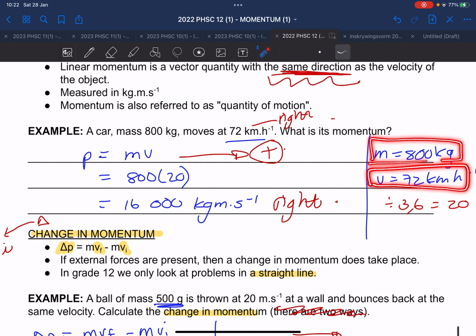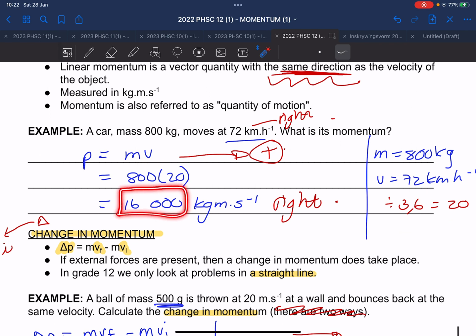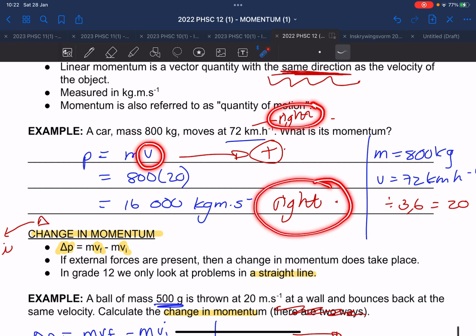We don't work in kilometers per hour. We work in meters per second. So you have to divide by 3.6 and you get 20. So mass times velocity gives you 16,000. The mass is in kilograms, the velocity is in meters per second, so the unit is kilograms meters per second. And because the velocity was to the right, the momentum is to the right.